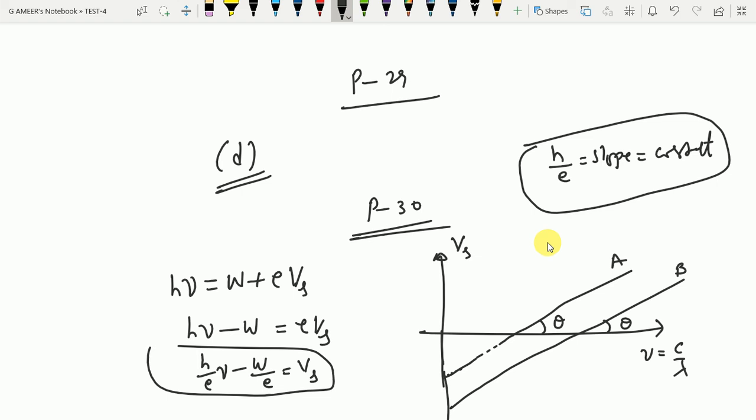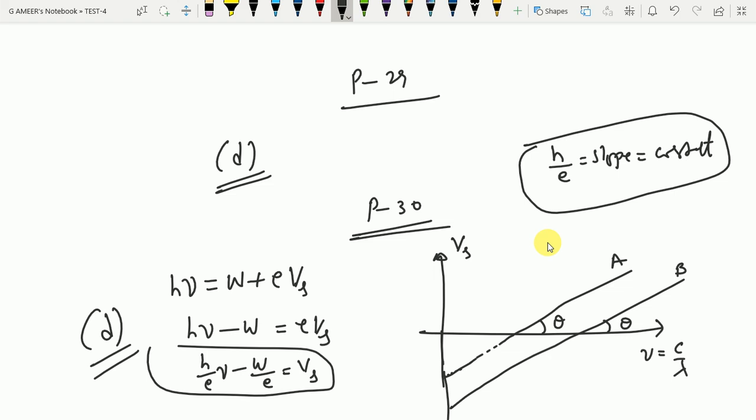They are universal constants, so the slope must be constant. But according to the data given in the question, the slope of metal A is larger than that of metal B. That's why the data itself is incorrect in this problem. Whatever data is provided is not correct, so there is nothing to comment here if the data does not match Einstein's equation.